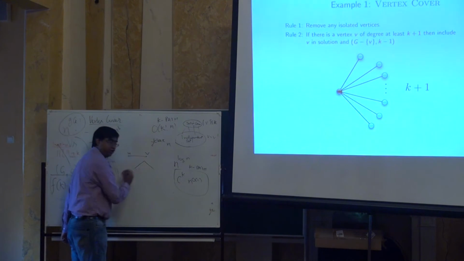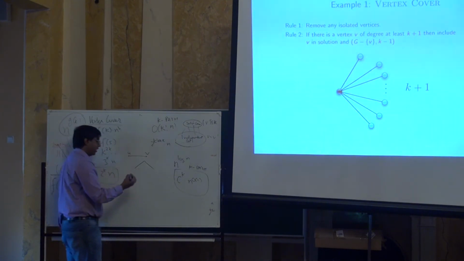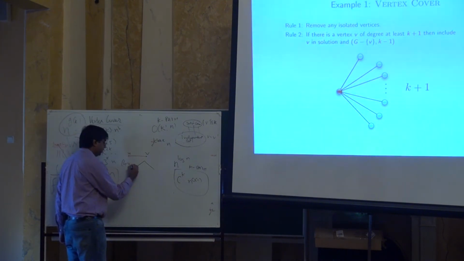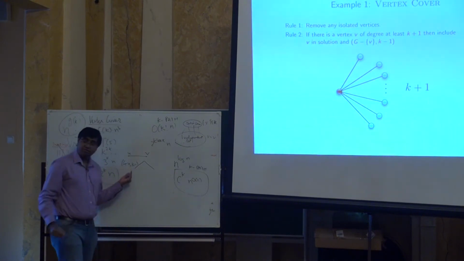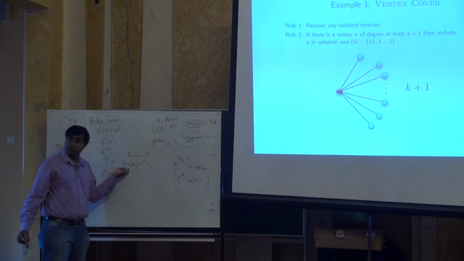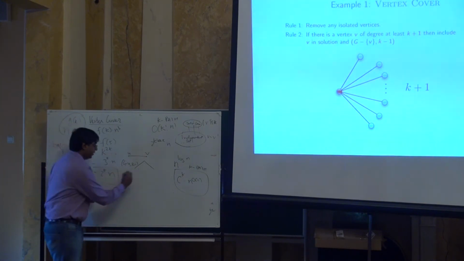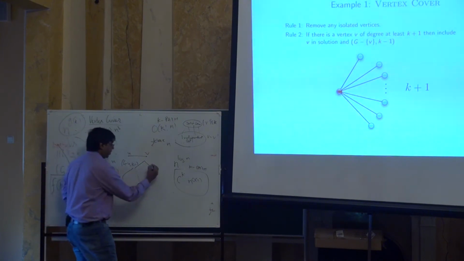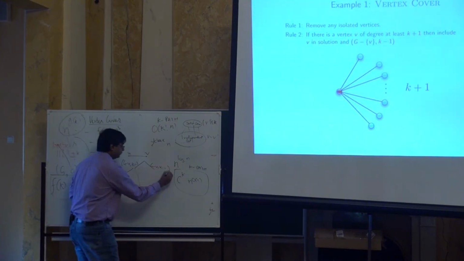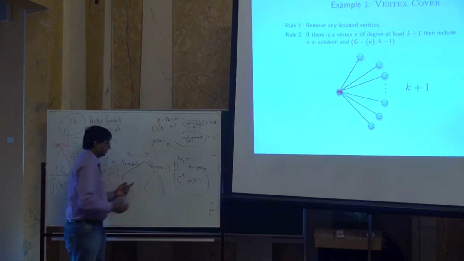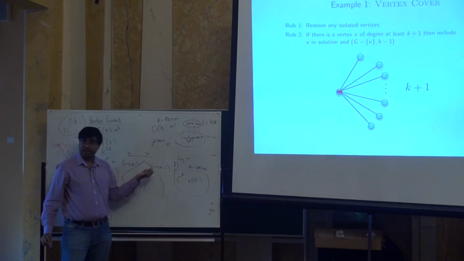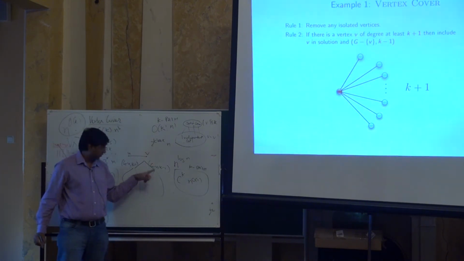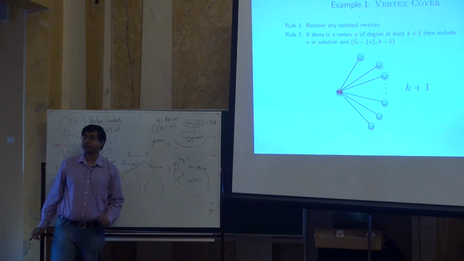So you make a search tree. In one branch, if I decide to pick u in my vertex cover, you ask, does there exist a vertex cover of size k minus 1? If recursively this returns yes, yes. Or, suppose I decide to pick v into my solution, does G minus v contain a vertex cover of size k minus 1?